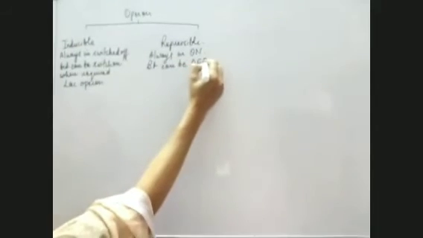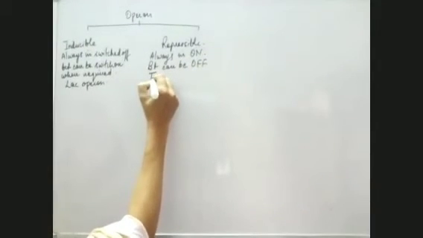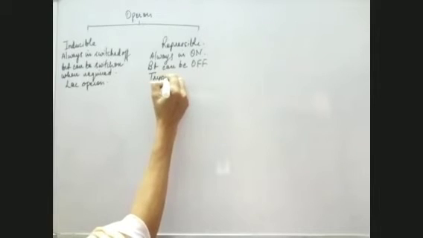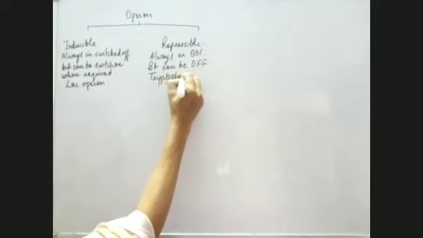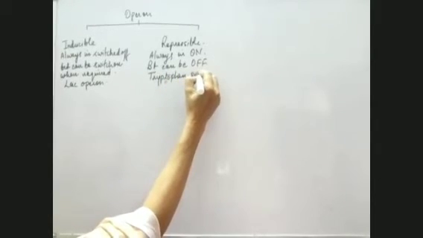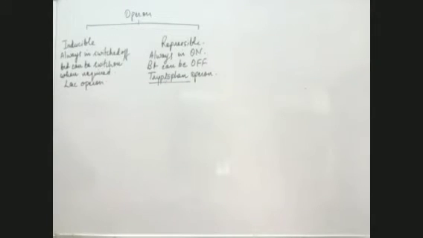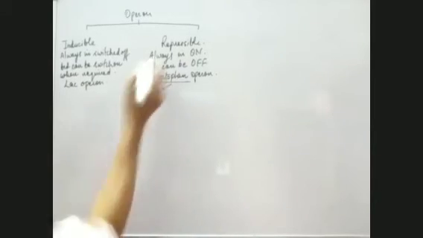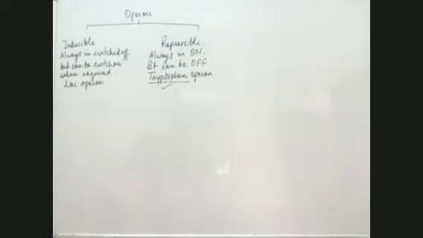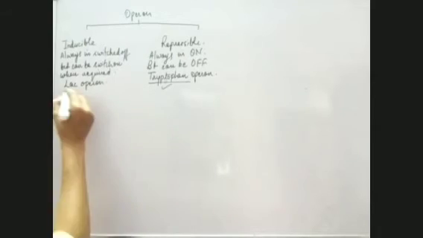Example of this is the tryptophan operon. Tryptophan is an amino acid, and this amino acid is continuously required by the body. So we will do this repressible operon, which is most of the time in on condition, but can be switched off when required.